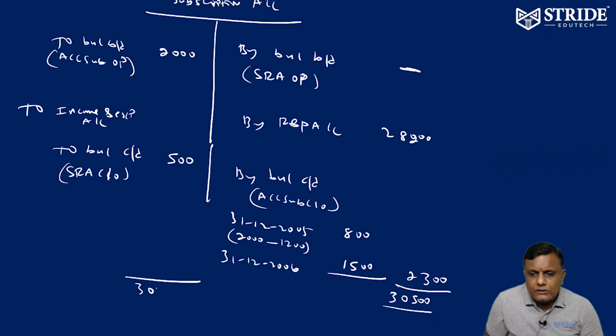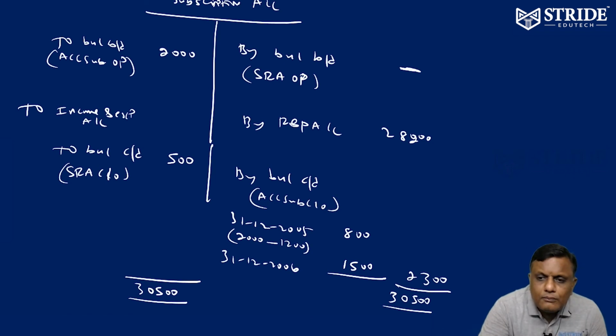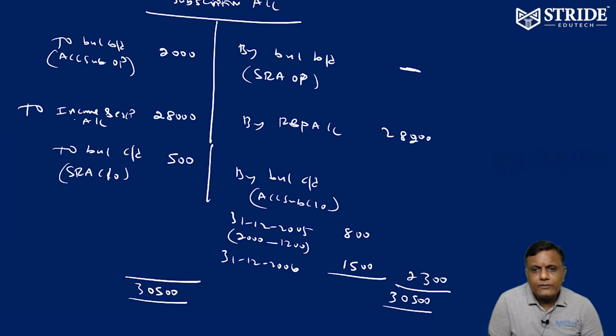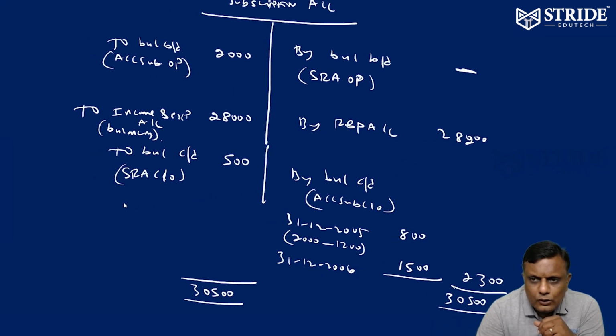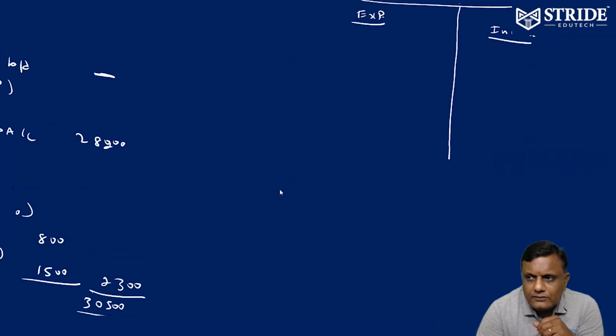Here also 30,500 minus 2,500, supposed to be 28,000. This is the balancing figure. That's it. Now we will do one by one.